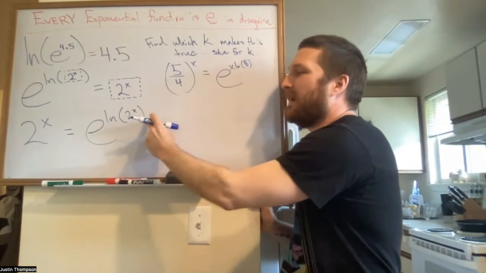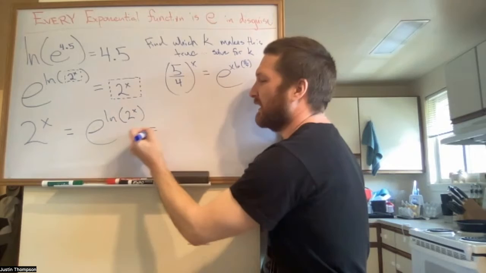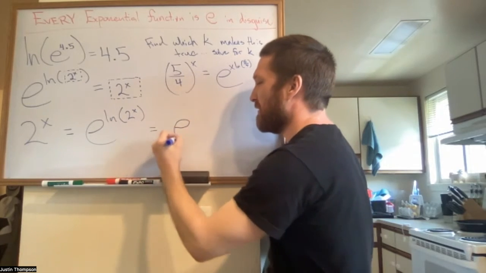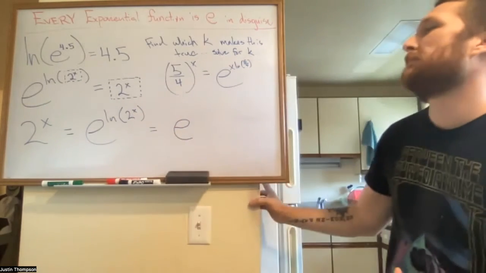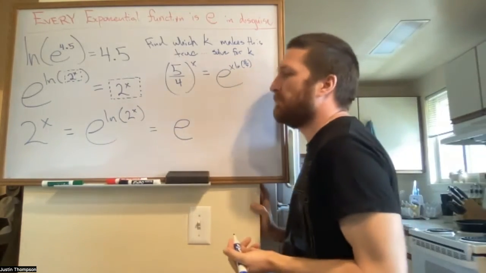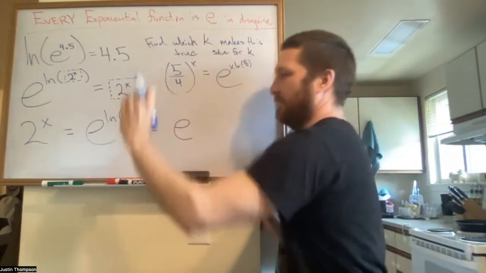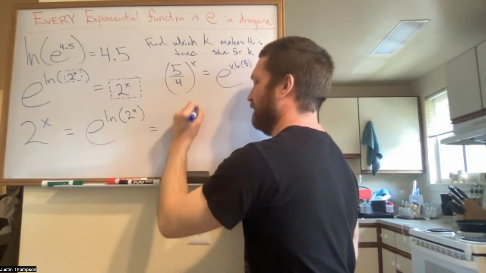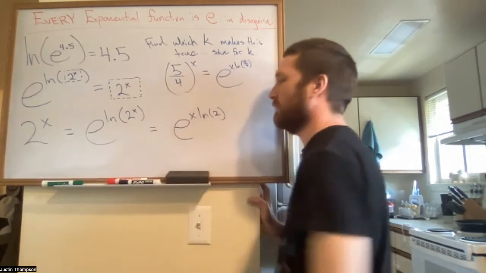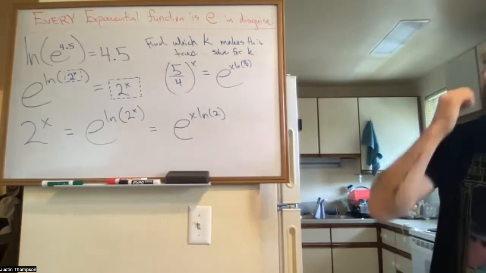How can we simplify this a little bit? Make it look like something we just saw on the board? E to the x times the natural log of 2. And look at that. We get the same thing we got before.